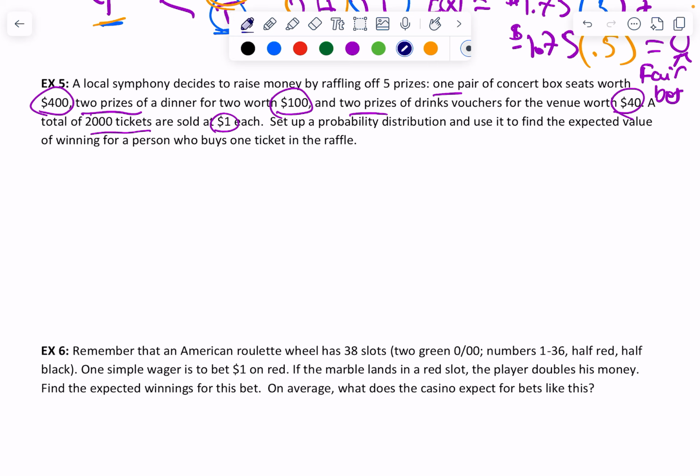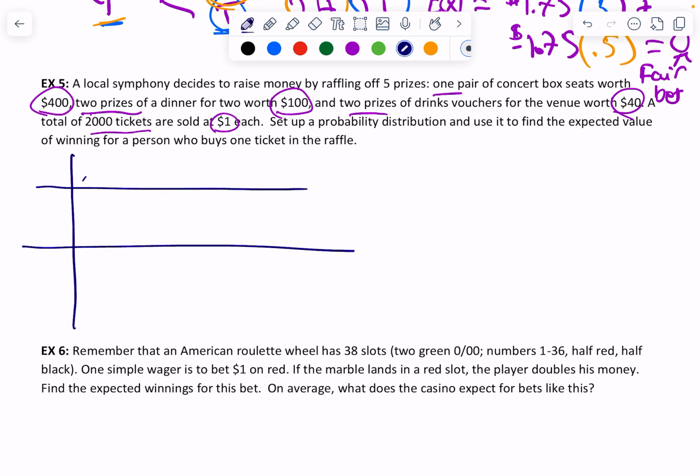Okay, so again, we need to set up the probability distribution here. First, we have our X, which are the expected outcomes, and then we have our probability of the X. Now, we're going to look at box seats first.